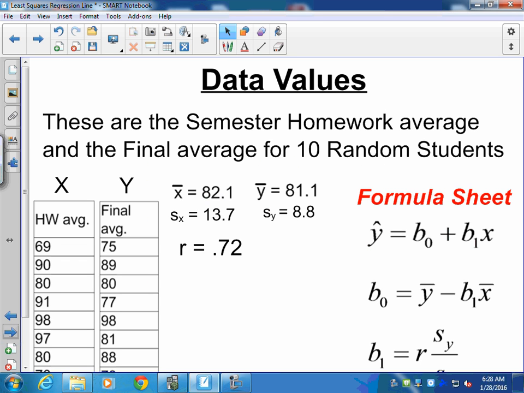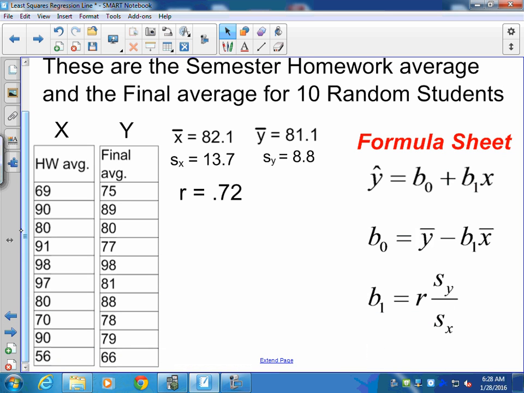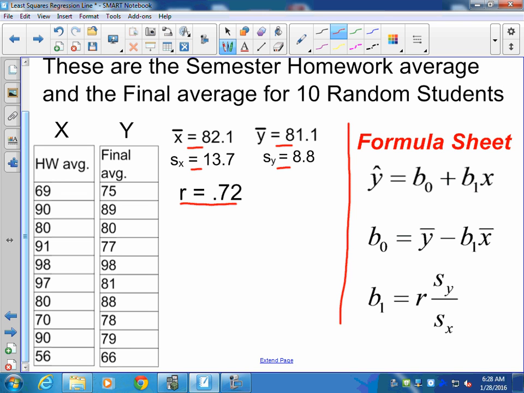Okay, but the good news is the calculator can do it for us, or we have formulas to be able to build the least squares regression line overall. So now we've worked off of our correlation value for our set of data, the same set that we've been looking at for the entire unit. We've got our x bar, y bar, standard deviation of x, standard deviation of y, and now we go to the formula sheet.